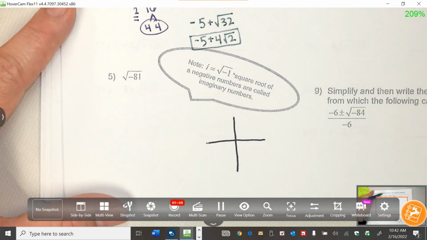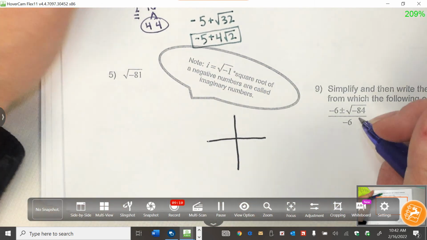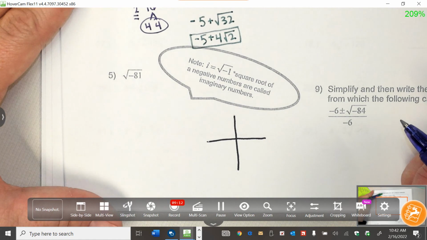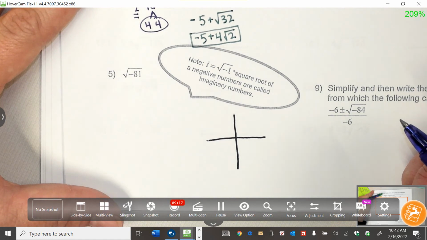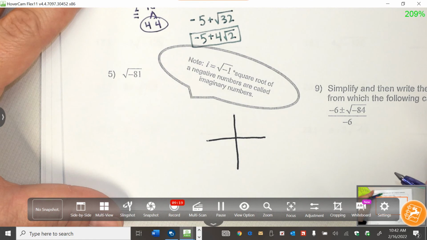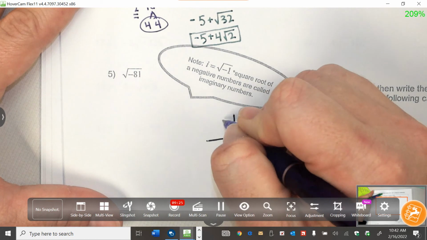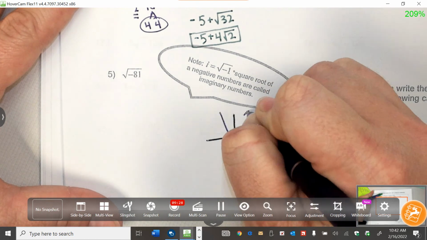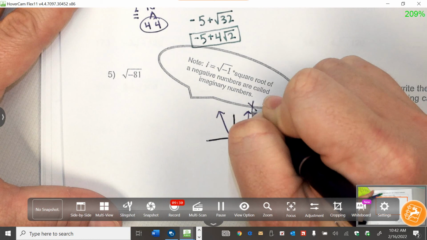So remember, if you took algebraic reasoning or algebra 2, we talked about inverses. What is an inverse? It's your opposite operation. So the inverse of plus is minus. So what's the inverse of something squared?